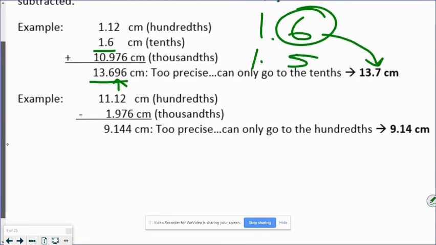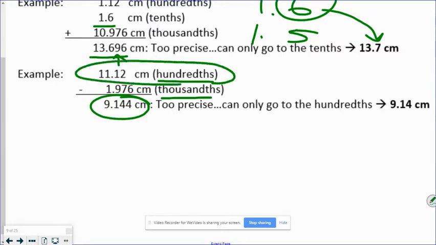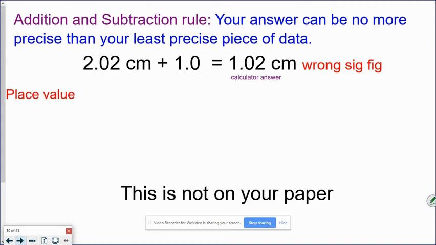The subtraction rule is the same way. This one goes to the hundredths place, this one goes to the thousandths. This is what I get on my calculator. I only want to pass along data that's as precise as I know it is. So if my least precise piece of data is the hundredths place, my answer can only go to the hundredths place. Again, this rule is on the back of your periodic table. So here we go.